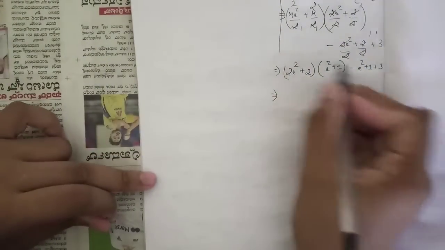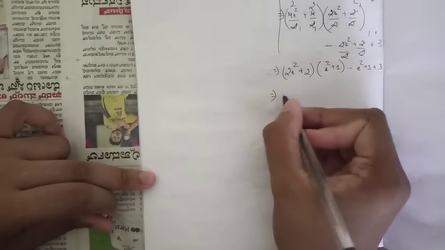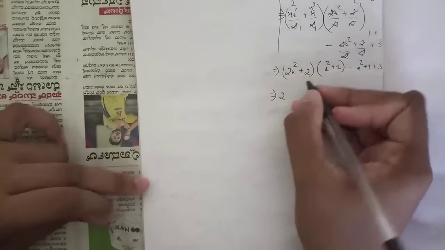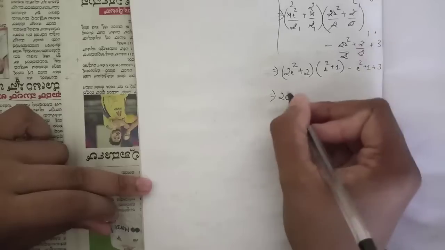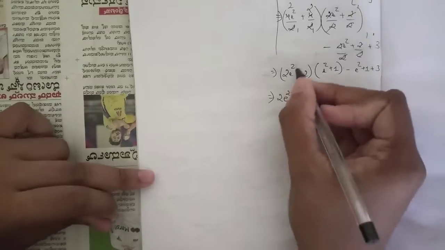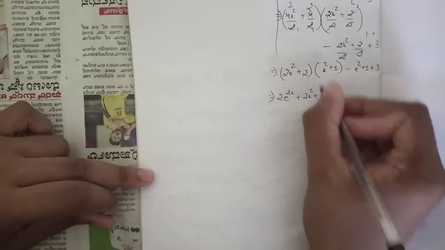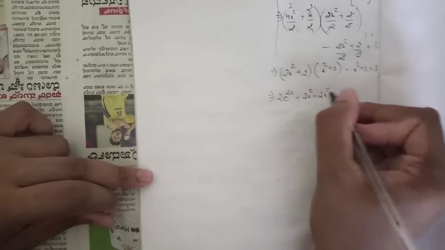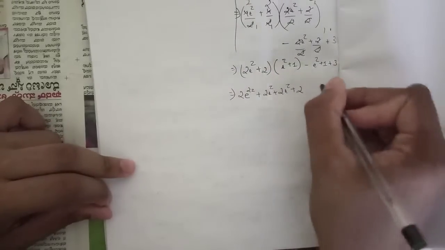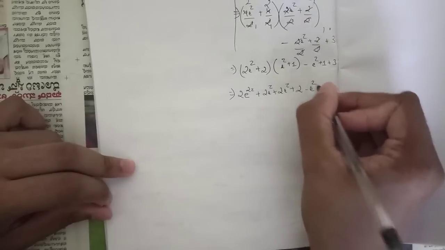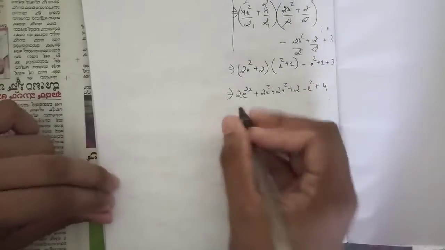Now let's multiply these terms. 2 e power z into e power z is 2 e power 2z. 2 e power z into 1 is again 2 e power z, plus 2 e power z, 2 into 1 is 2, minus e power z plus 1, plus 3 is 4.